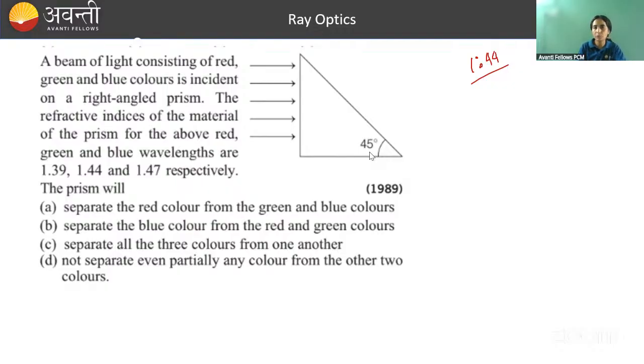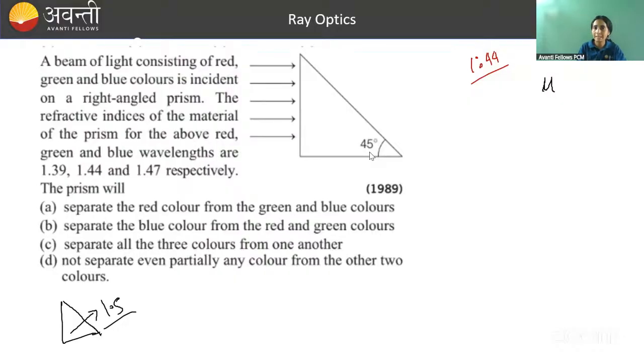There is one formula called Cauchy's formula, where we have learned that the refractive index of a medium is a function of the wavelength of light entering into it. Even if you're given any medium, it won't have an absolute value of refractive index. Like for glass, we say it is 1.5, but we say this with respect to white light, right?